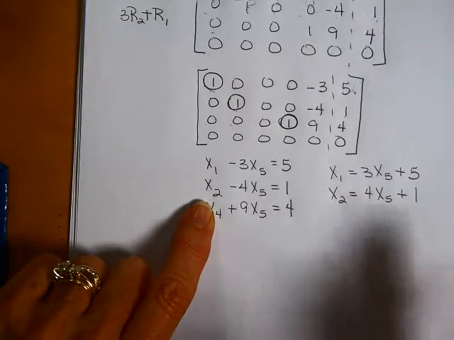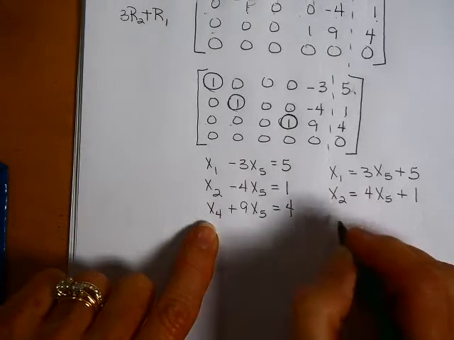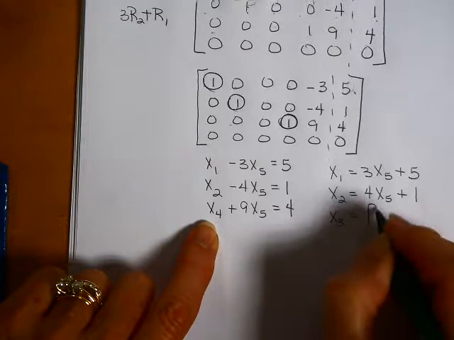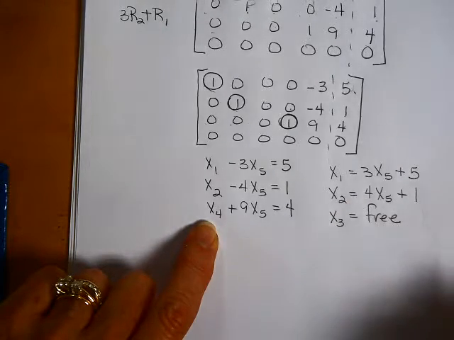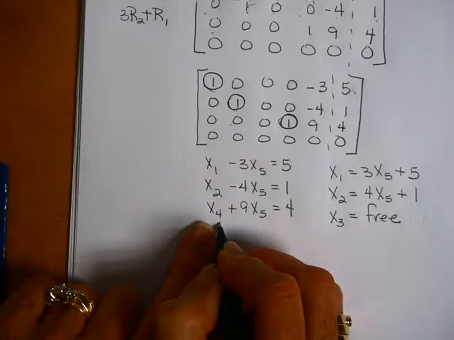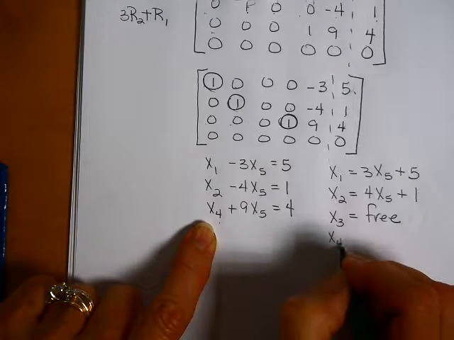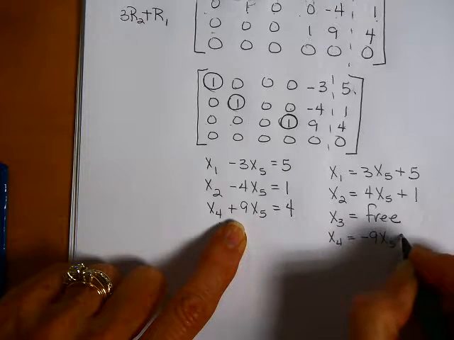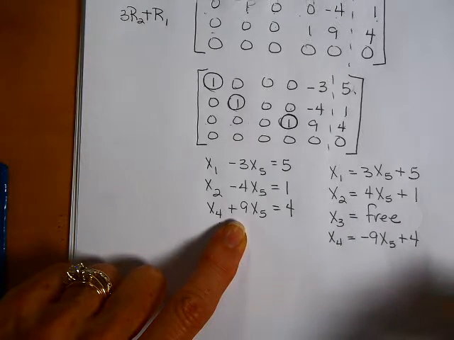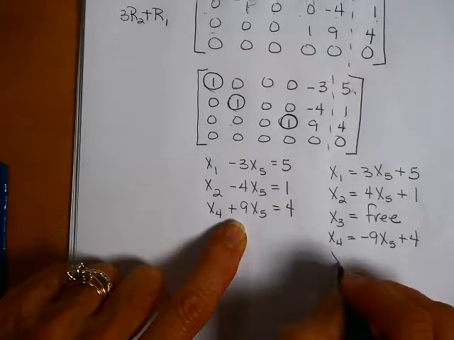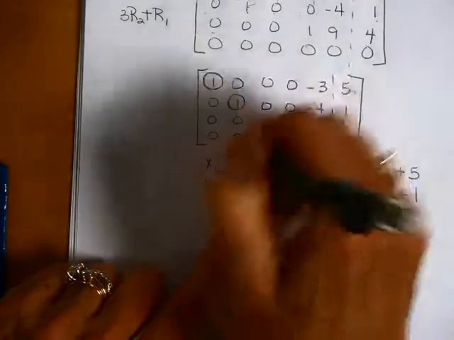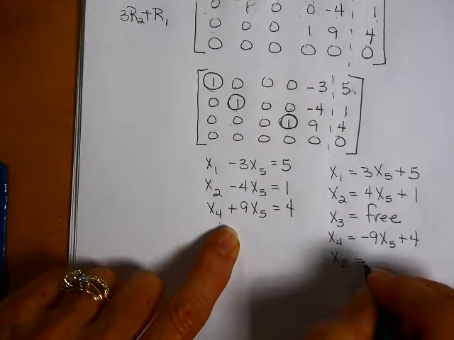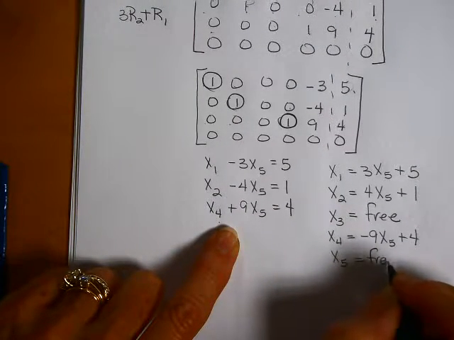I write something for everything. x3 is not a basic variable, so it is free. x4 is a basic variable. x4 is negative 9x5 plus 4. And I have to have something for x5. I've got 5 columns. x5 is also free.